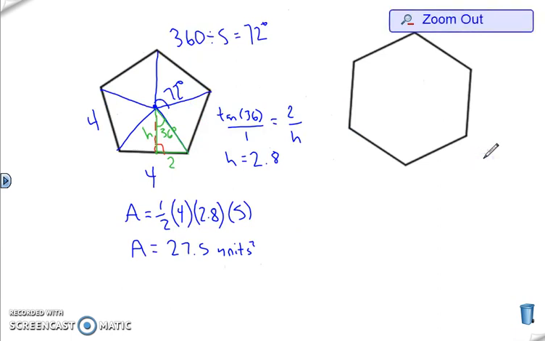Okay, so let's try to generate a formula. So the first thing we want to realize is that we have a special term for the distance from the center of a polygon to its base. And that term is the apothem.